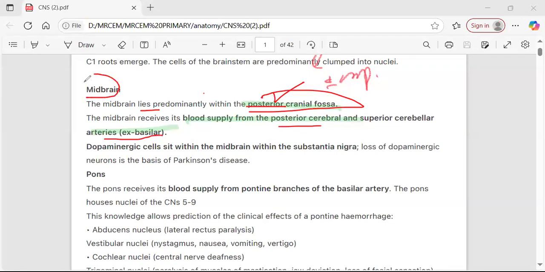The most important thing about the midbrain is that there are dopaminergic cells, and you all know their role. If there is an issue with the substantia nigra or dopaminergic cells, it will lead to Parkinsonism. So that's important in the midbrain. You must know it, and you know it from the MBBS level.